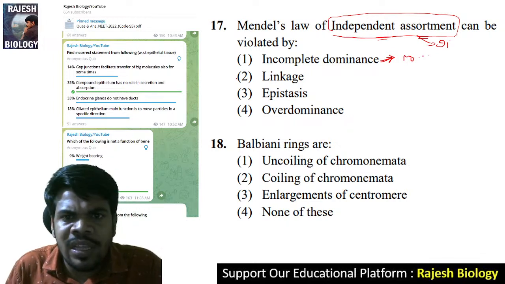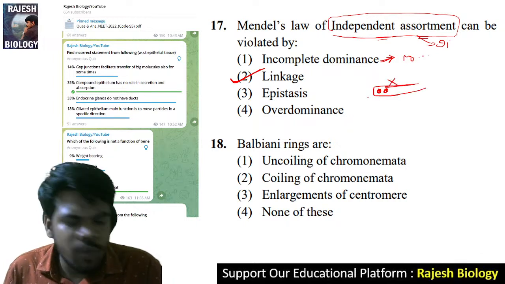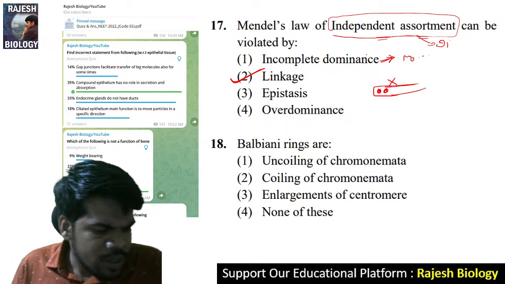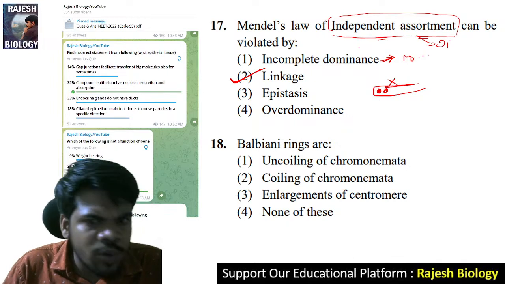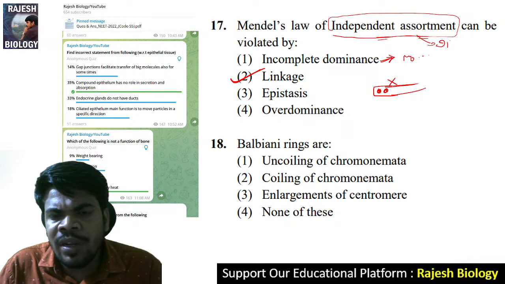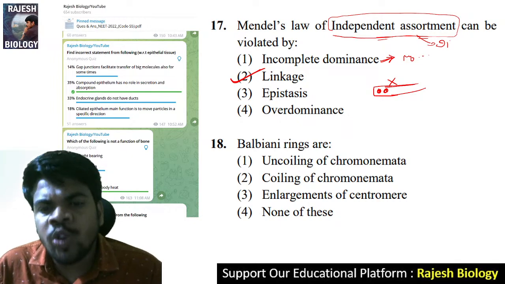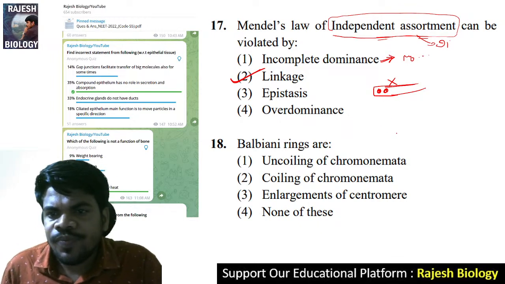Okay, I'm revealing it is the linkage. The genes which are closely linked on the same chromosome are not going to form recombinations. Recombinations are not possible. Yes, Rupa Mahesh, very good. Come to the 18th question. Balbiani rings are related to the polytene chromosomes, right?